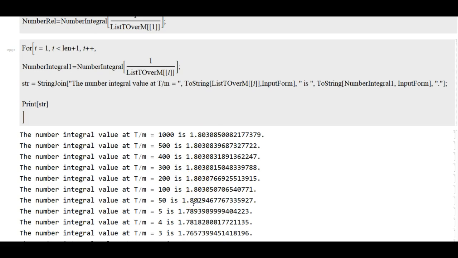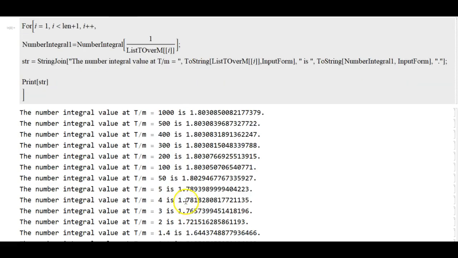At 50, it slightly drops to 1.8029. And at T over M equal to 5, there is again a slight drop from 1.8 to 1.78. Again, a slight drop when temperature falls to 4M, 3M, 2M, and 1M.